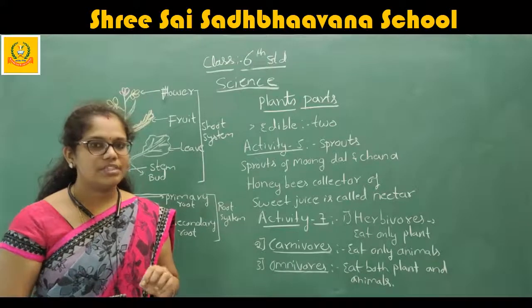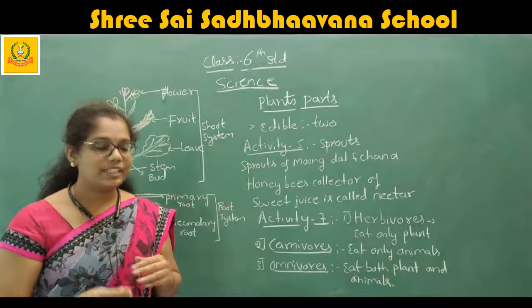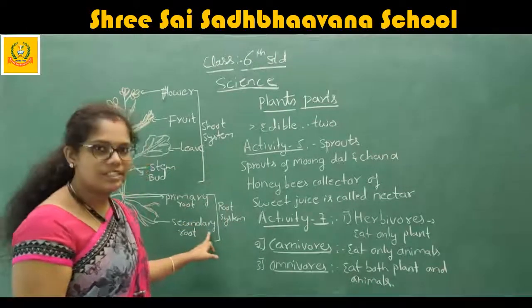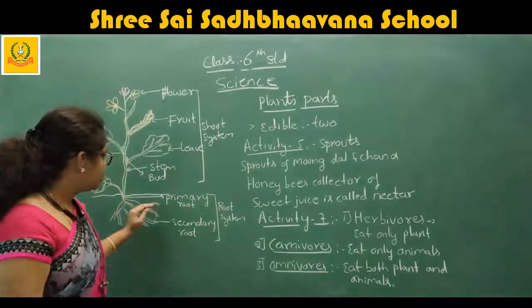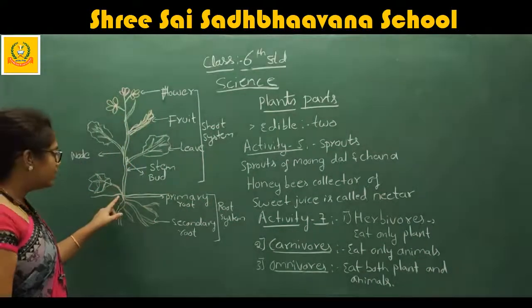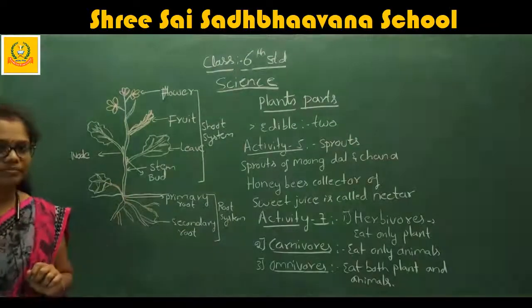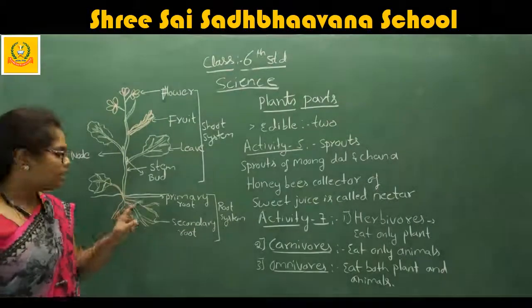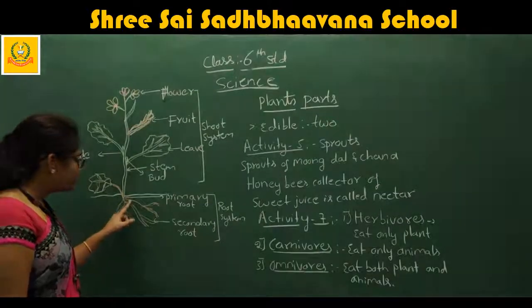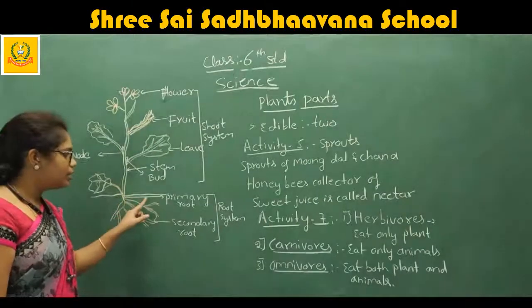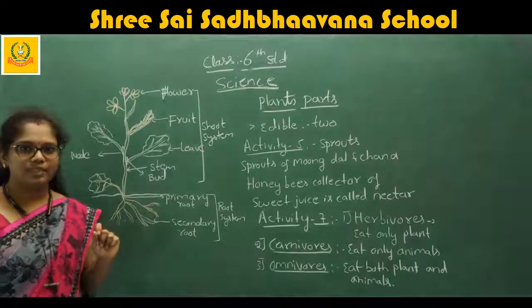Why is the root system classified into two things? The root which is nearer to the surface of the soil is known as the primary root.